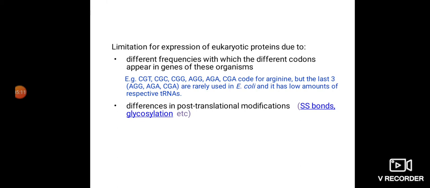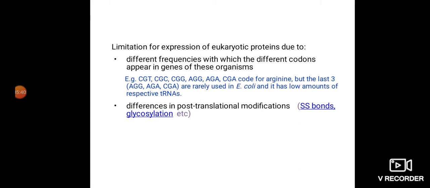The limitation for expression of eukaryotic protein in a bacterial system is mainly due to the difference in codons between the two organisms, which plays a major role in expression of the polypeptide chain in the prokaryotic system for a protein of eukaryotic origin.